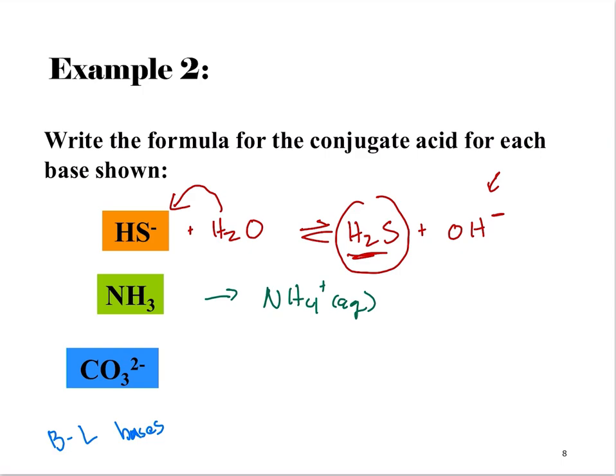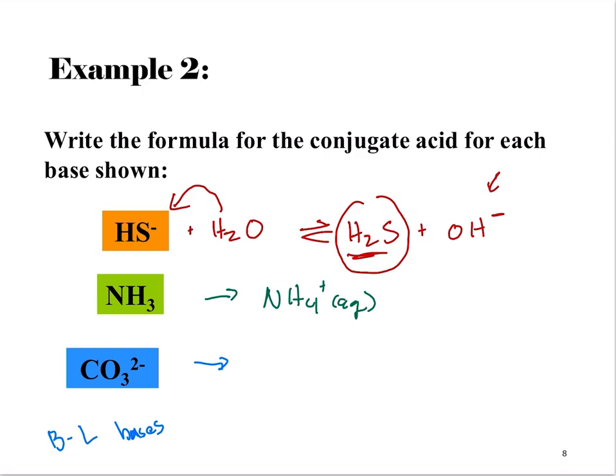And then the last one, we have carbonate, and bicarbonate is going to be the next ion. So what is this going to look like after it accepts a proton because it's a base? It's not going to be CO4, right? Because the oxygen doesn't change. It's just the proton that changes.